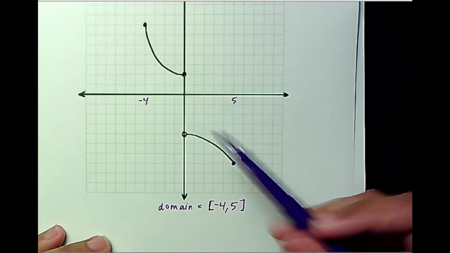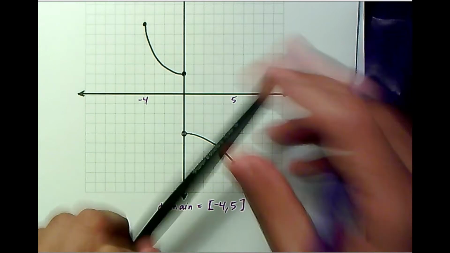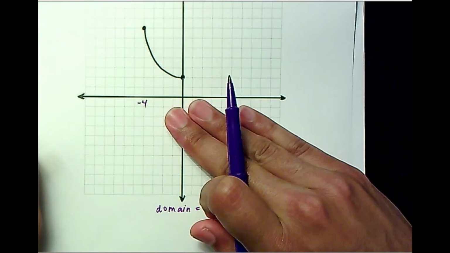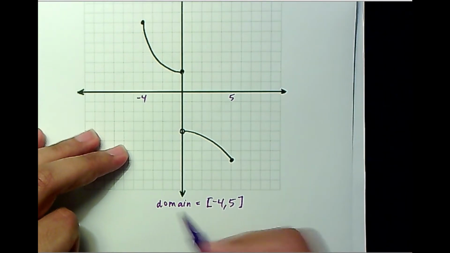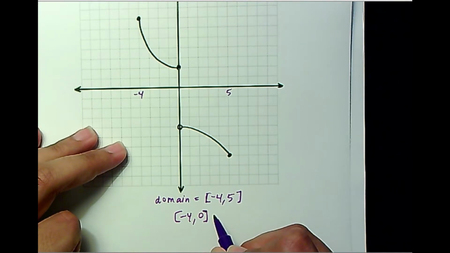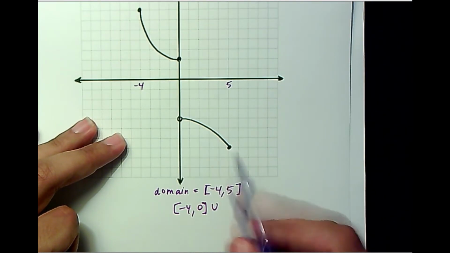You could also do this piece by piece. You could just do this piece and then forget about that piece. From here to here, it would be from -4 to 0. And then because you're doing it in two pieces, you have to say union. And then this one will go from 0 to 5.